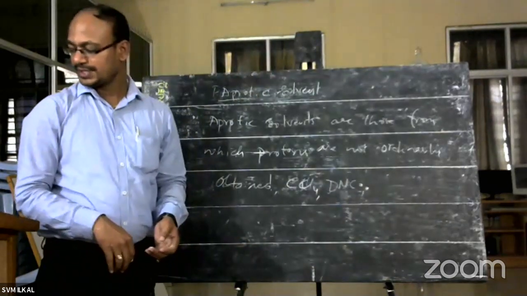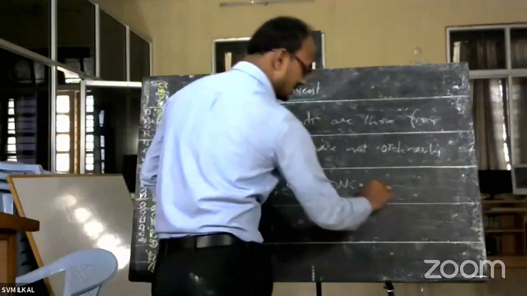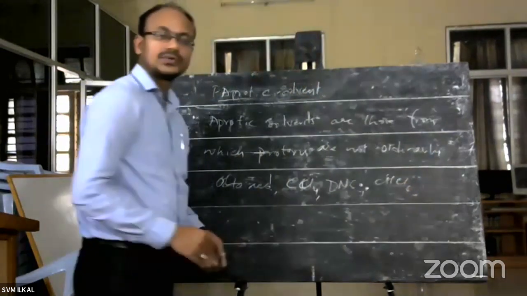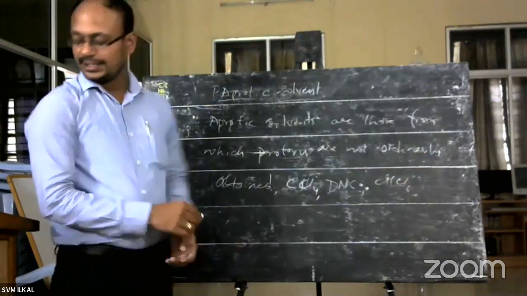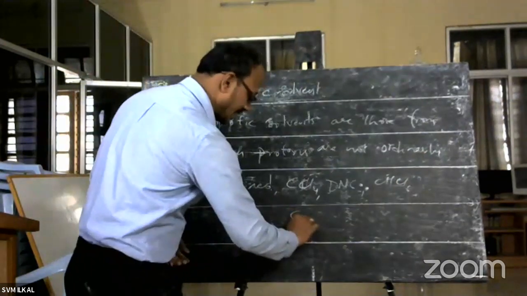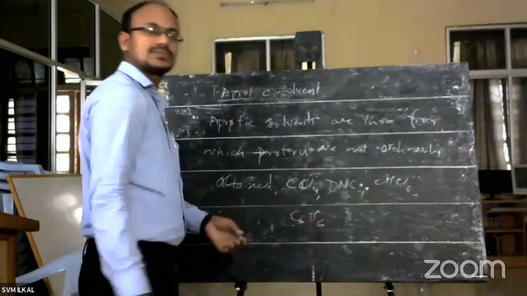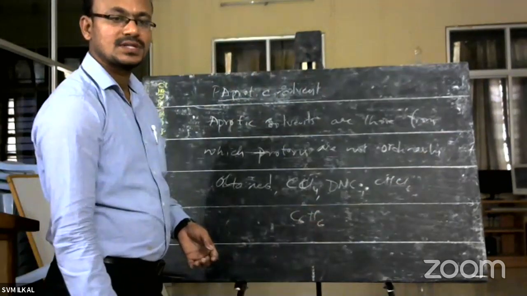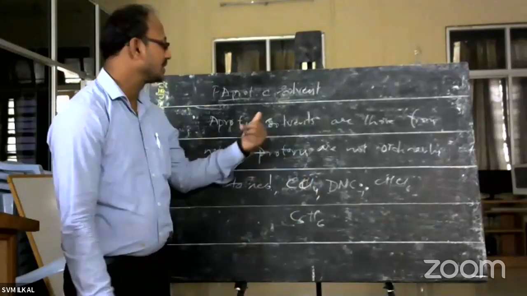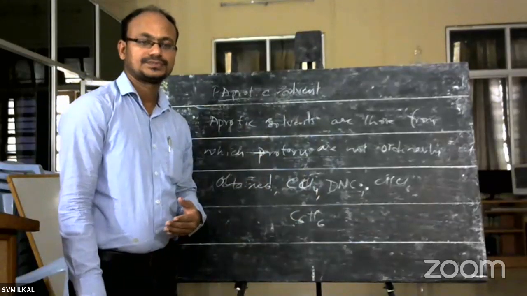Then trichloromethane, CHCl3. Again, one more example, that is the best organic solvent, benzene. So all these we can classify under the category of aprotic solvents.